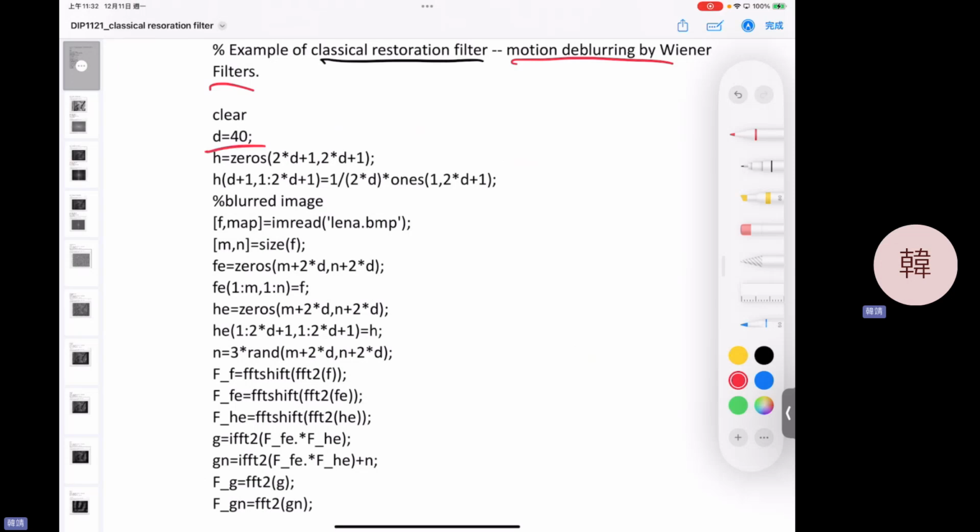We use a horizontal motion blur. D is equal to 40. What does that mean? We just try to use 40 pixels to deblur.